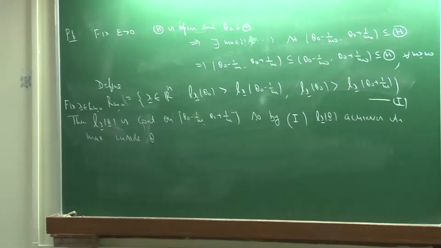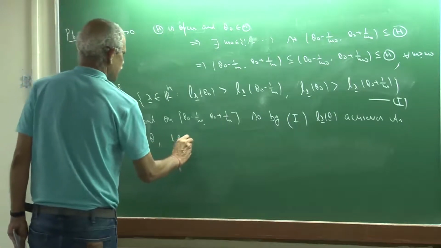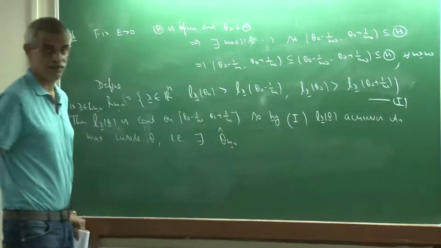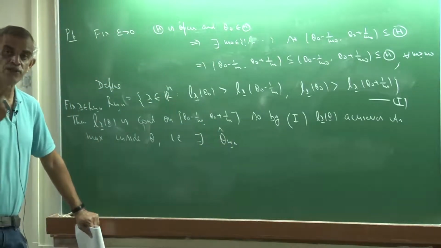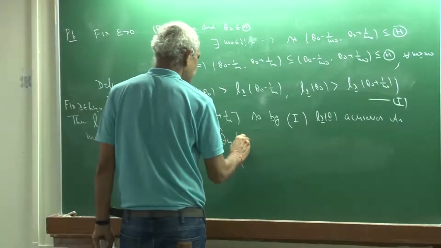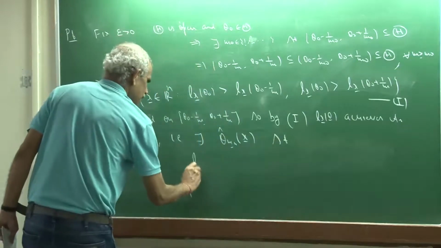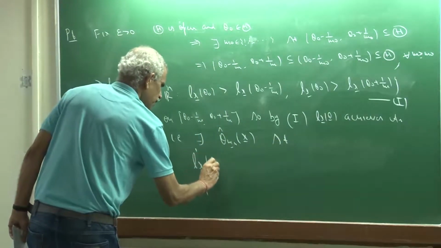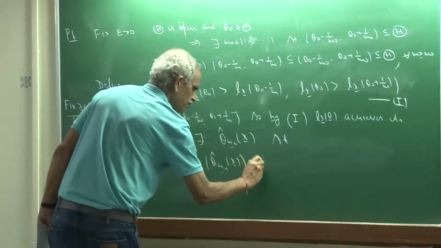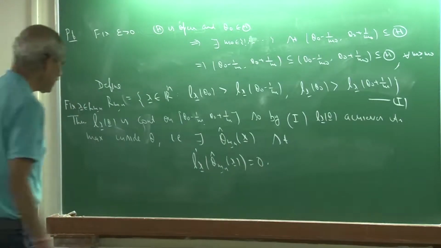So what does that mean? That is, there exists a theta hat. Now, if it is the maximum, and the maximum is in the interior, then you know that it has to be a critical point. So that means there exists a theta hat m n x such that L x prime at theta hat m n x is 0. Simple argument. Okay.